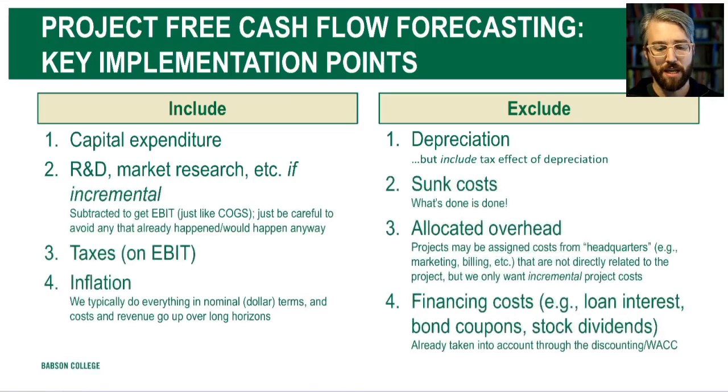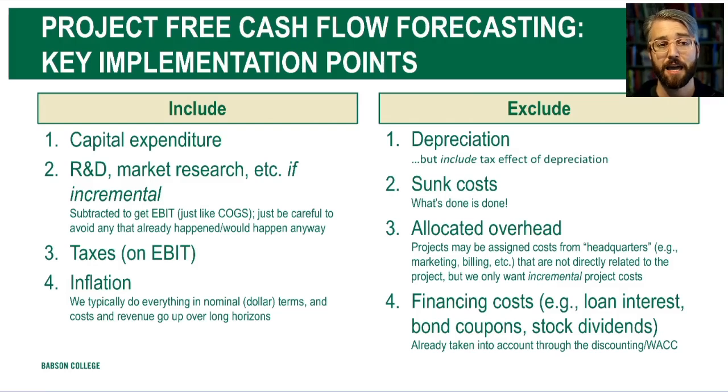So, key implementation points. What goes in? CapEx goes in. Let's make sure we put the CapEx in there. Even though CapEx would not typically show up on a firm's income statement, it should show up here. Second, we're going to include incremental research and development and market research. The key thing here is only if it's incremental, only if the firm does it if they do the project, but not otherwise. And one thing we have to be careful about here is to make sure that we're avoiding including sunk costs.